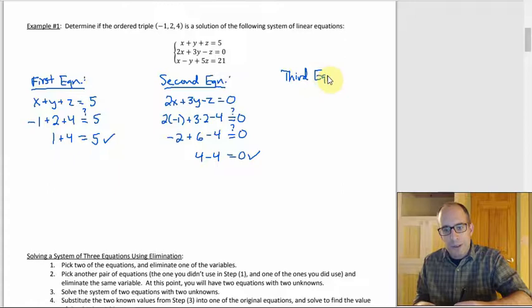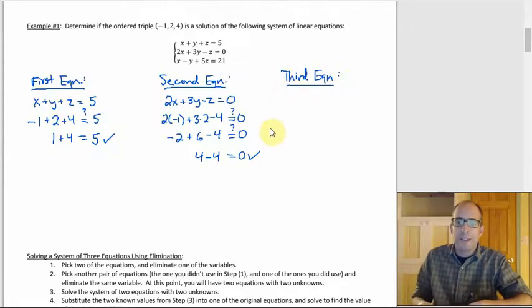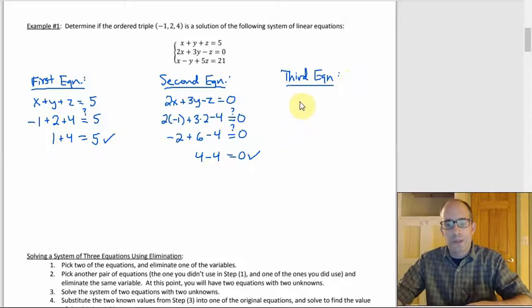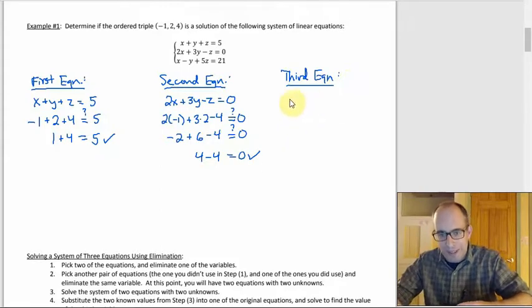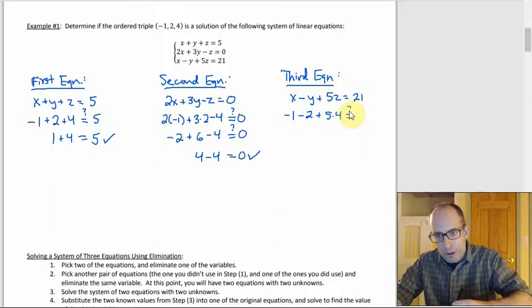If the third equation is satisfied by that point, then the point is a solution, and if the third equation is not satisfied, then it's not. So we've got x minus y plus 5z equals 21. If we sub in, we're going to have -1 minus 2 plus 5 times 4. Uh-oh, it looks like this is going to be a little too small.